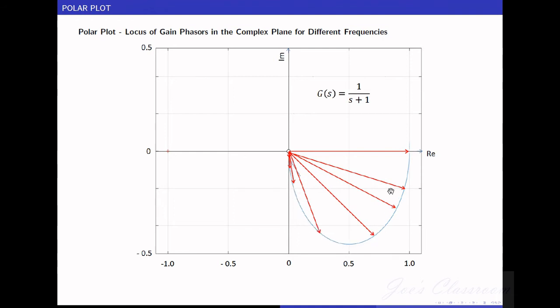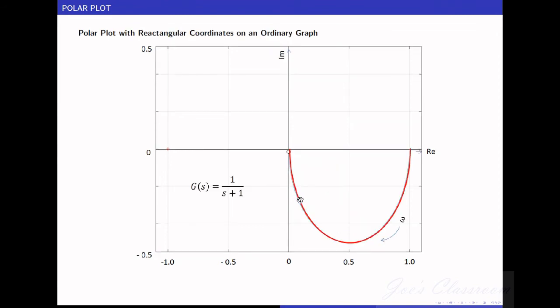This curve is what we call the polar plot. Locus of the gain phasors in the complex plane for different frequencies is what we call the polar plot. So this is the polar plot removing the phasors.